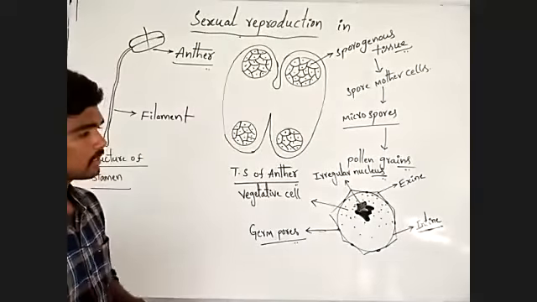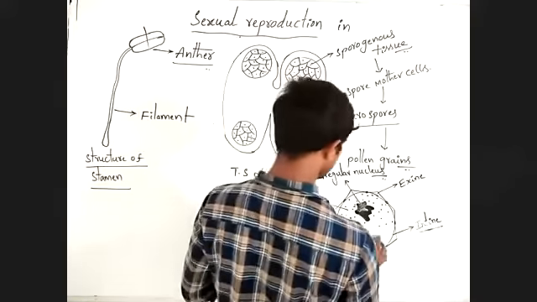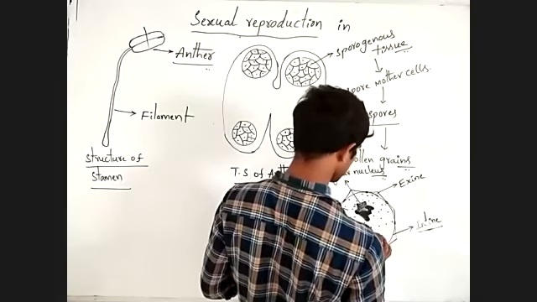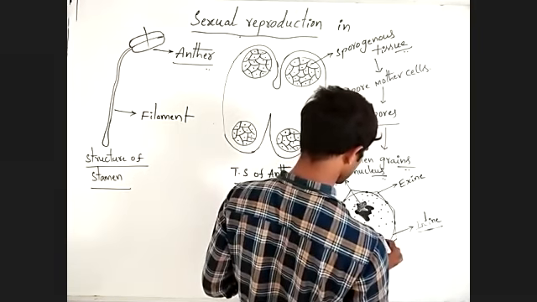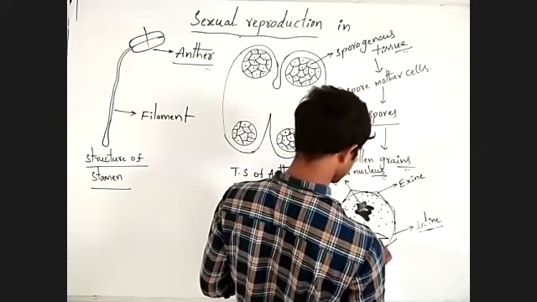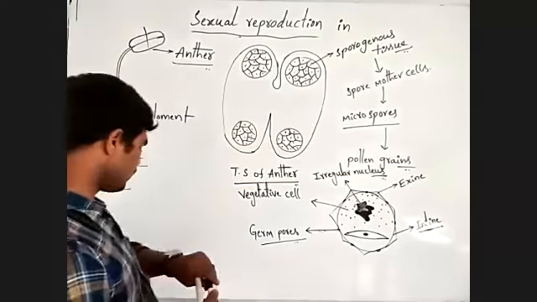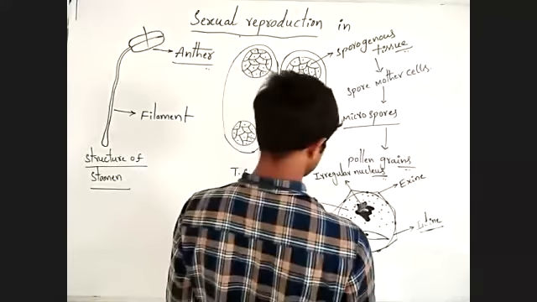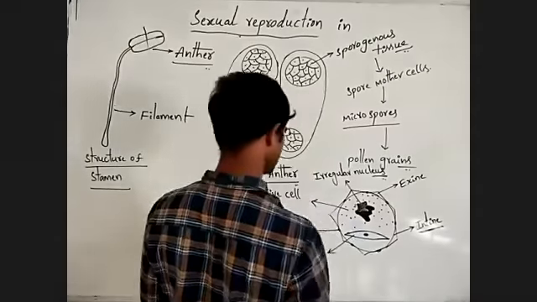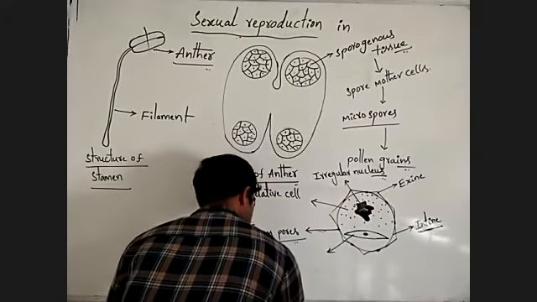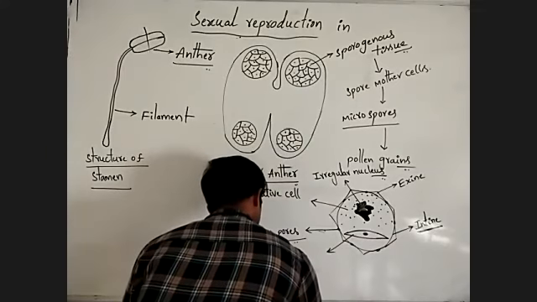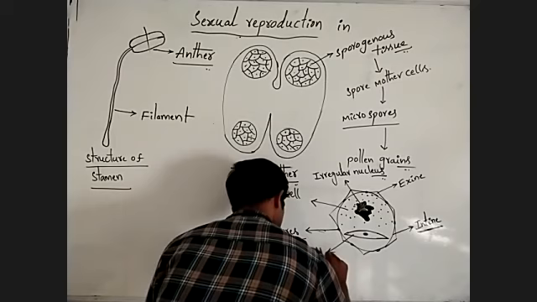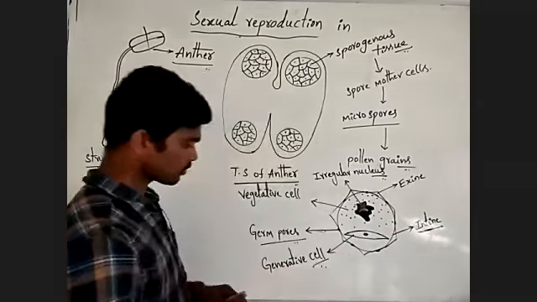In the cytoplasm of the vegetative cell, another small spindle-shaped cell is present. This spindle-shaped cell is called the generative cell.